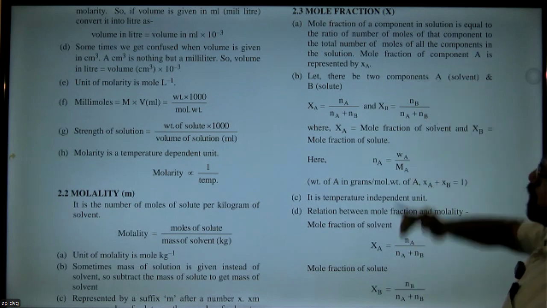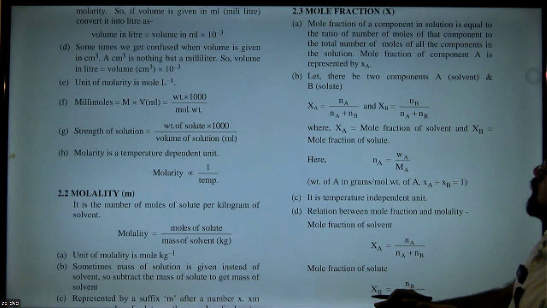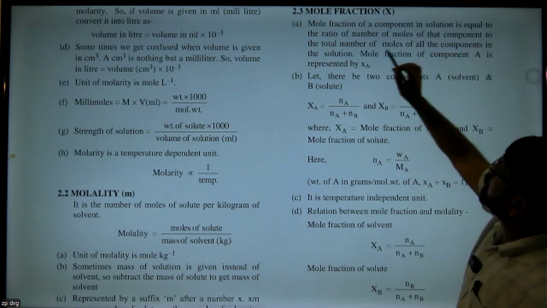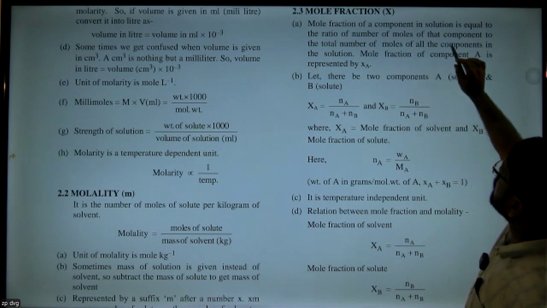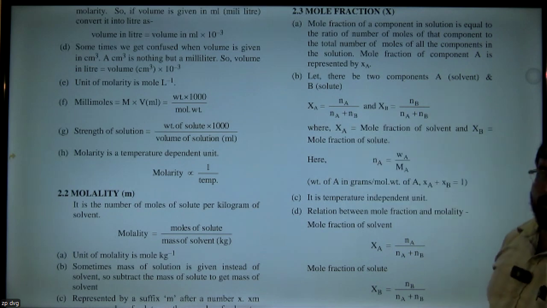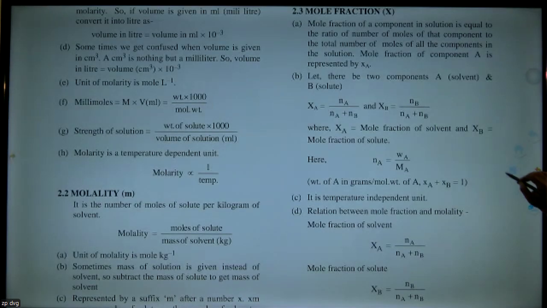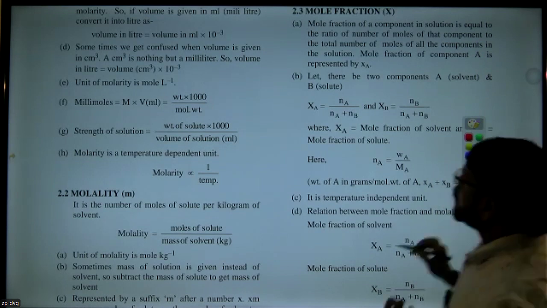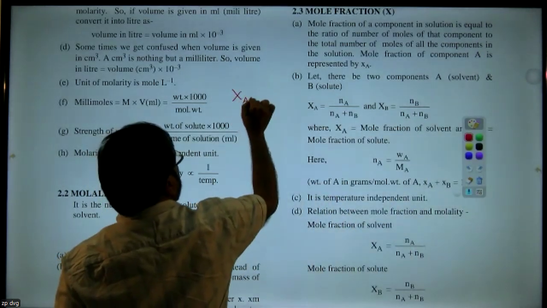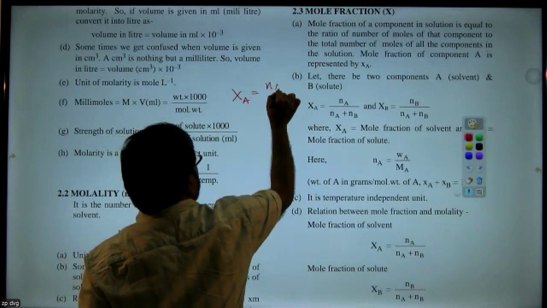What is the definition of the mole fraction? Mole fraction of a compound in a solution is equal to the ratio of the number of moles of that component and total moles of all components. Mole fraction is a ratio between the number of moles of one component to the total number of moles of all components.